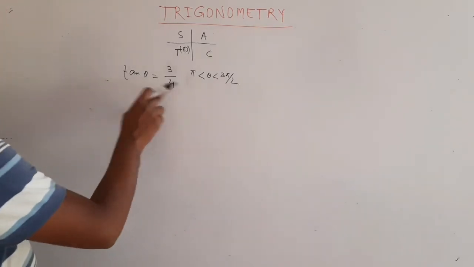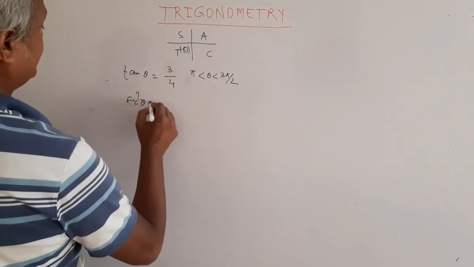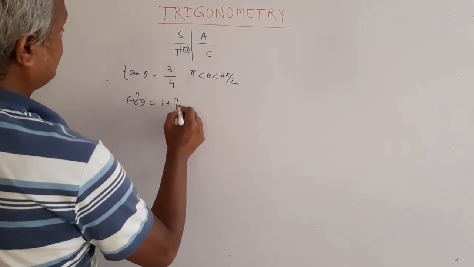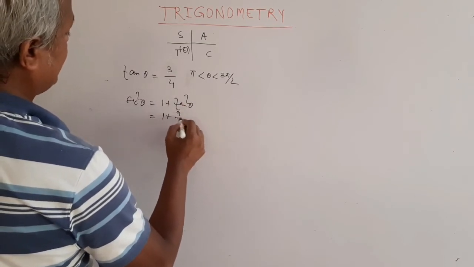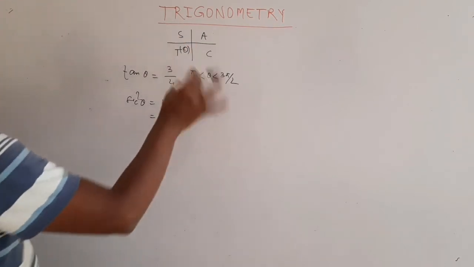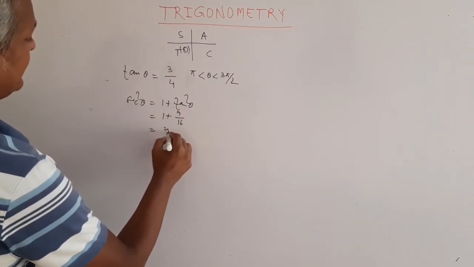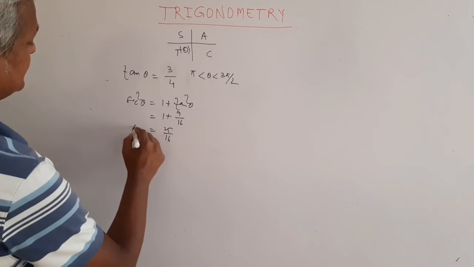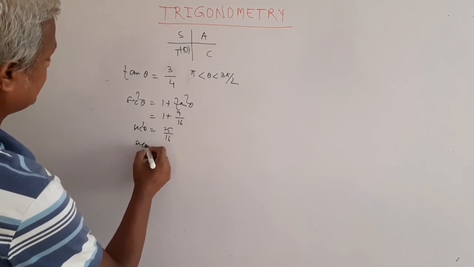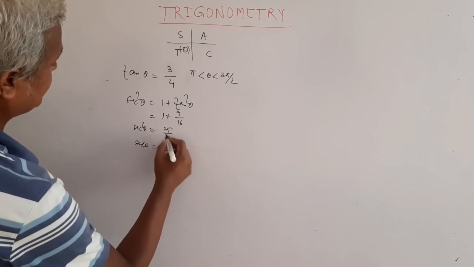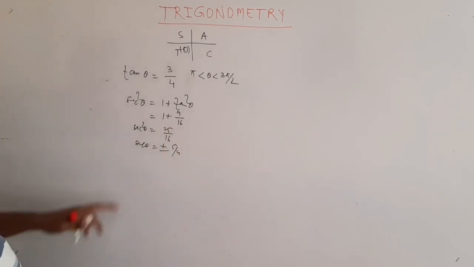So first, using the relation that sec square theta is 1 plus tan square theta, it's 1 plus 9 over 16. If you square 3 by 4, you get 9 by 16. If you add up, it becomes 25 over 16. So this is sec square theta. Now sec theta is plus minus under root 25 by 16, that is 5 by 4.